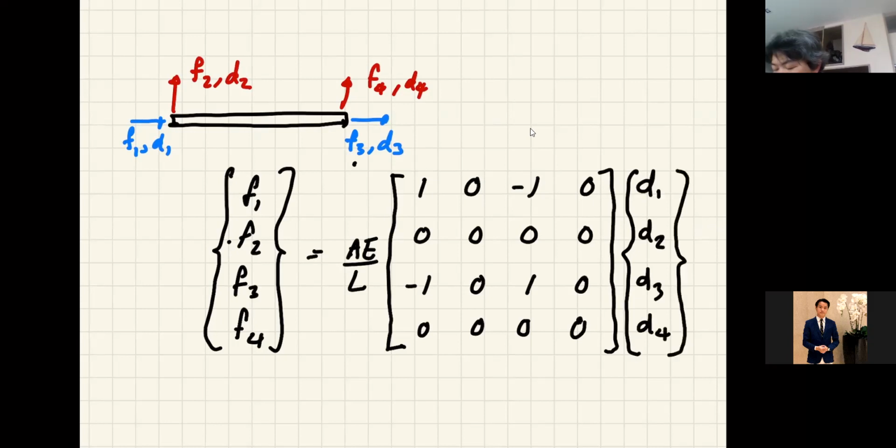So this is a more general form that you can find more often than not, okay? And let me complete this by adding the superscript I to everything like this. So, let me emphasize again that this is the stiffness matrix.